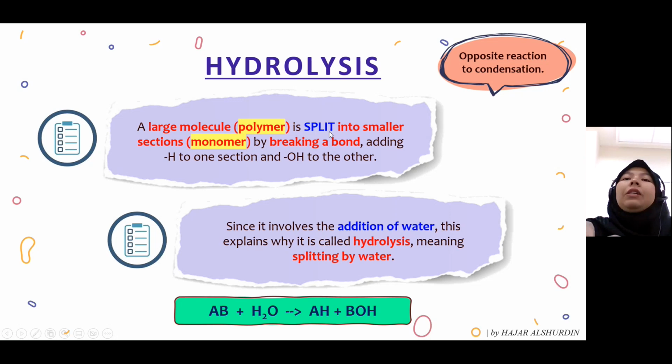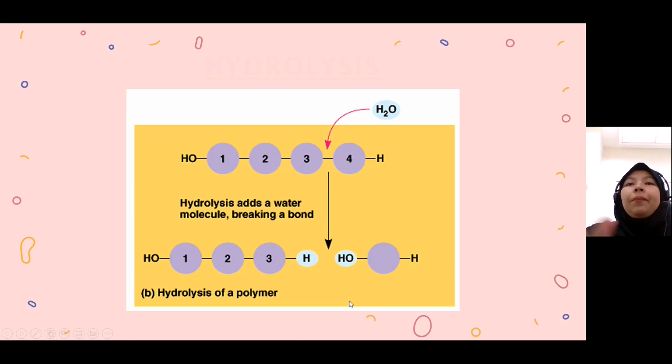The polymer is split into smaller sections by breaking a bond, adding hydrogen to one section and hydroxyl to the other section. Since it involves the addition of water, this explains why it is called hydrolysis, meaning splitting by water. So this is the reaction of hydrolysis.